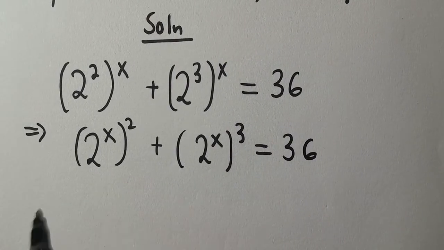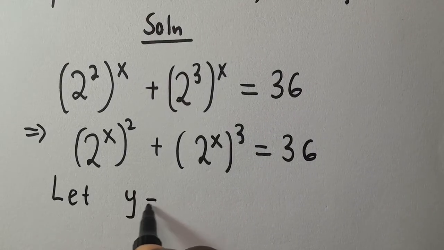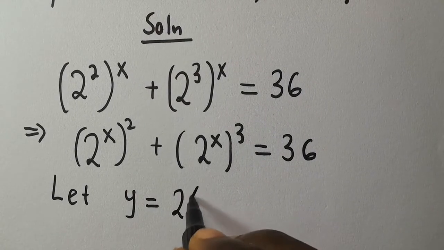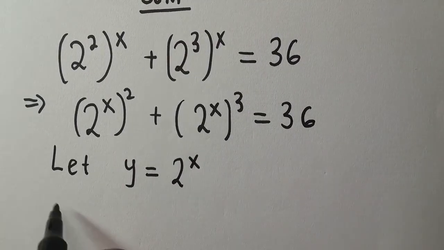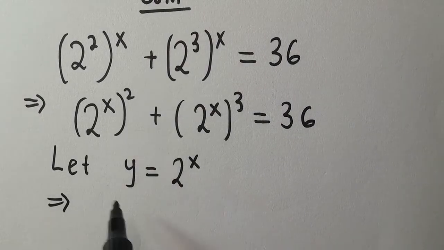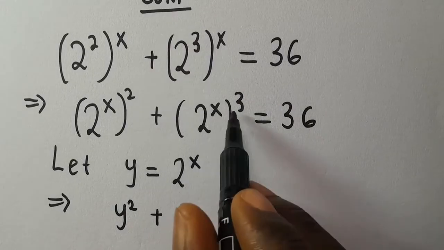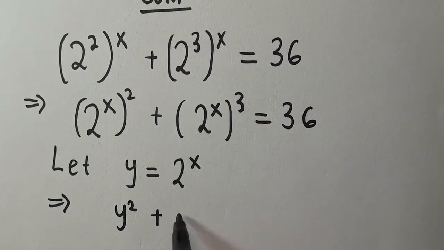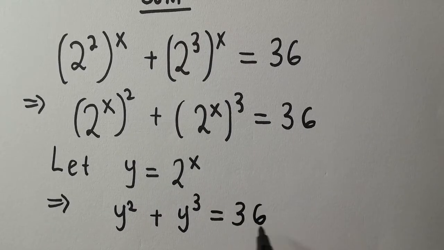Let our y be equal to 2 to the power of x. By substituting, instead of 2 to the power of x, we have y to the power of 2, plus y to the power of 3 equals 36.